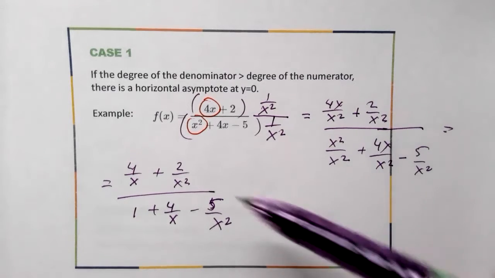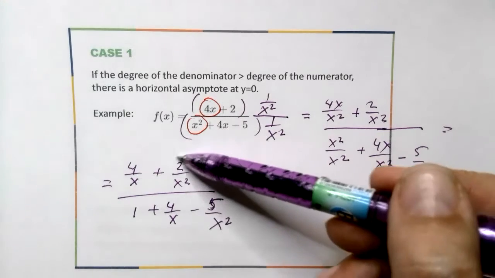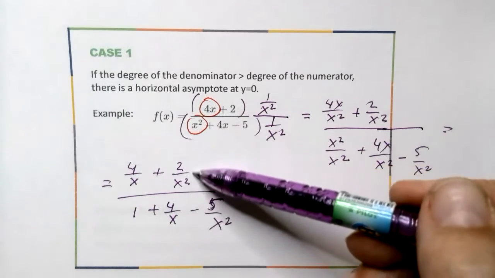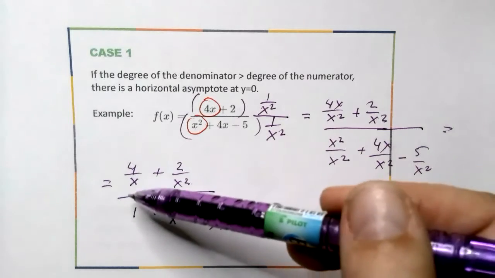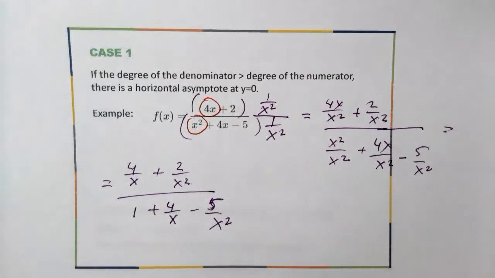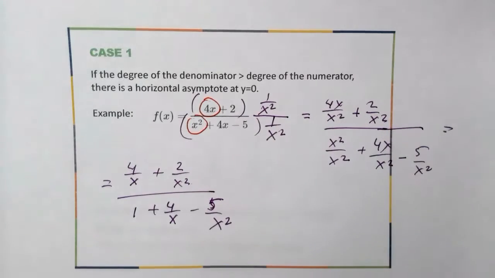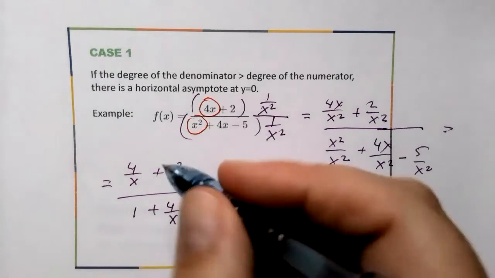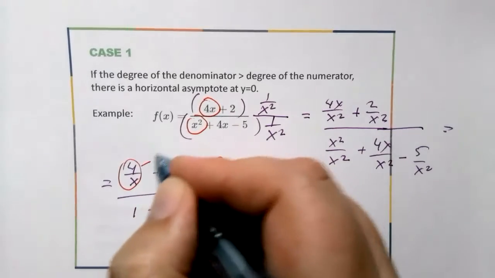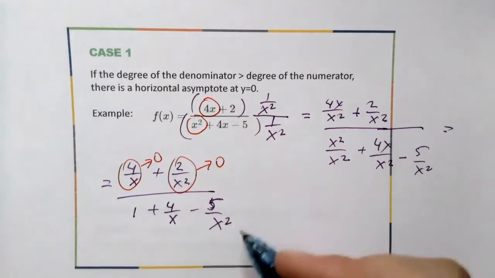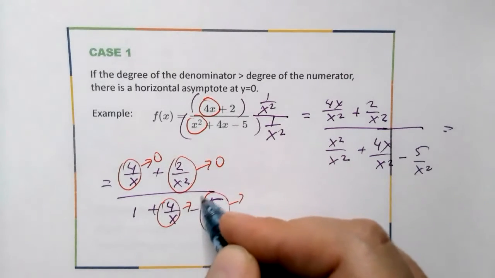And as the power of x is bigger, the entire fraction gets smaller faster. So eventually when our x goes to infinity, these fractions become minute. They approach zero. If we look at each individual fraction, this one too, this one too.